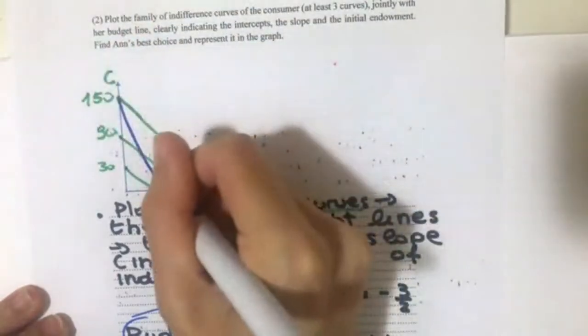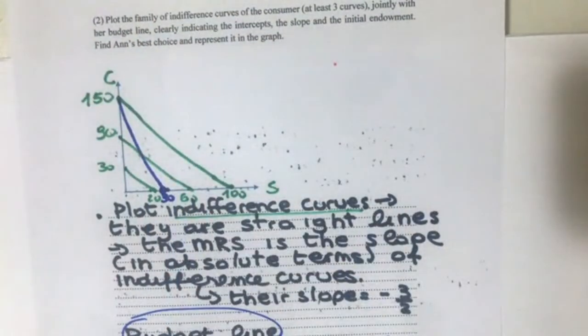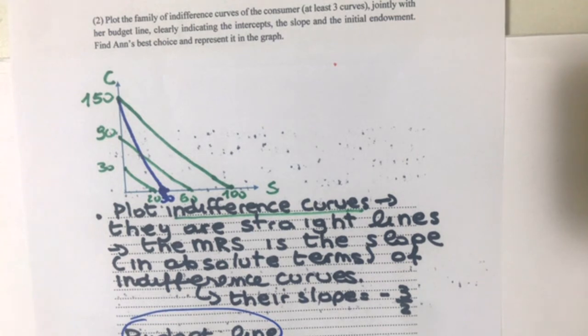So that's my budget line, the blue line. So I have drawn the family of indifference curves, because I have drawn 3 of them. I have drawn the budget line. I have clearly indicated the intercepts.